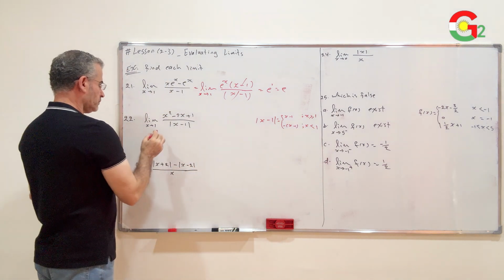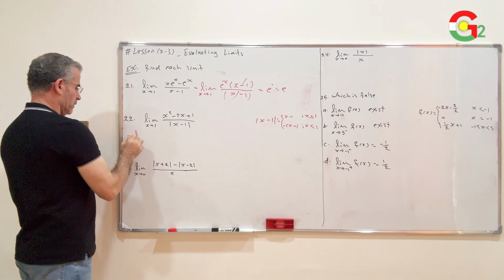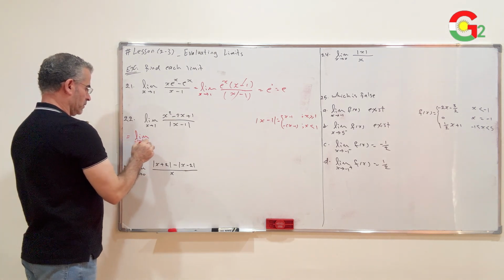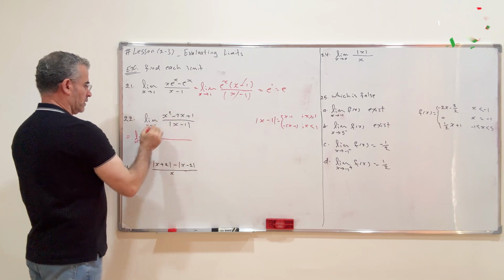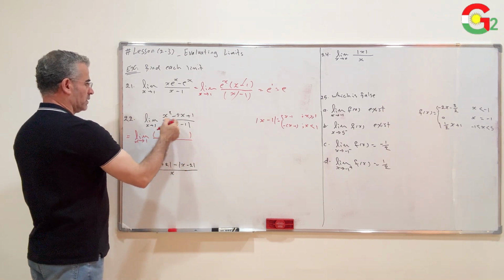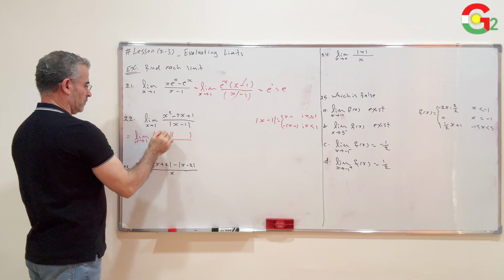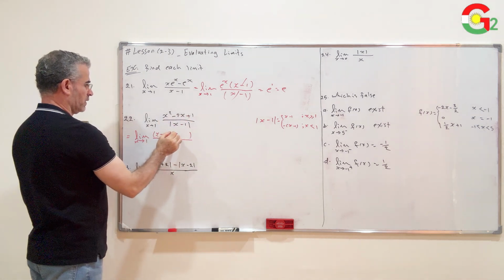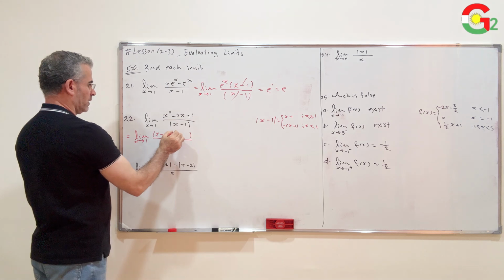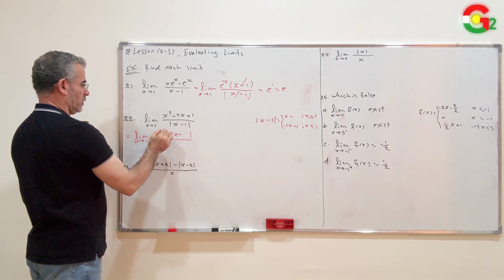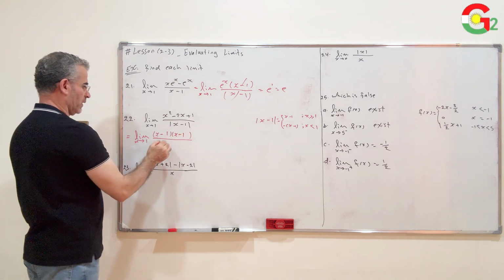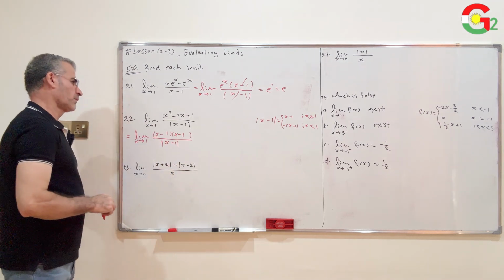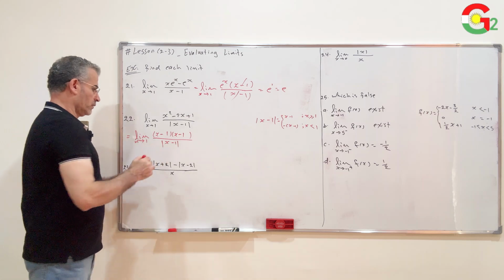Now the limit will be the limit as x approaches 1 of (x² - 2x + 1) over the absolute value of x - 1.